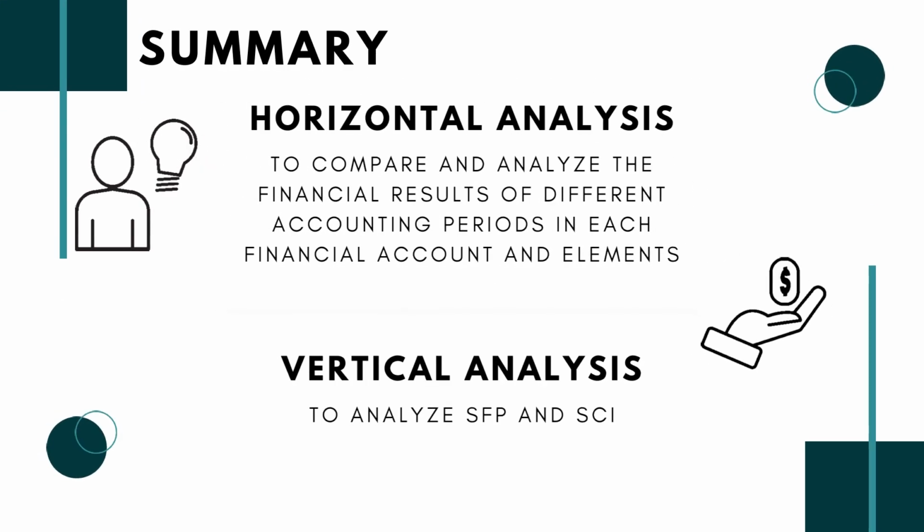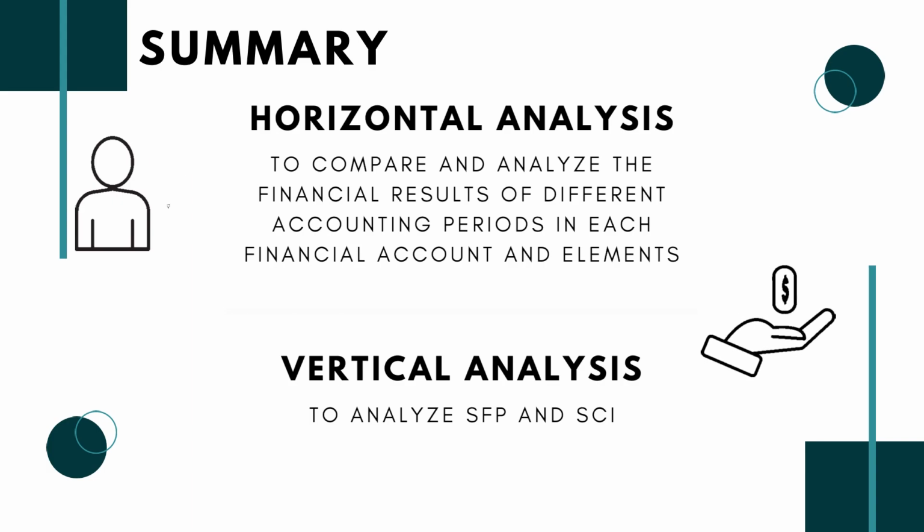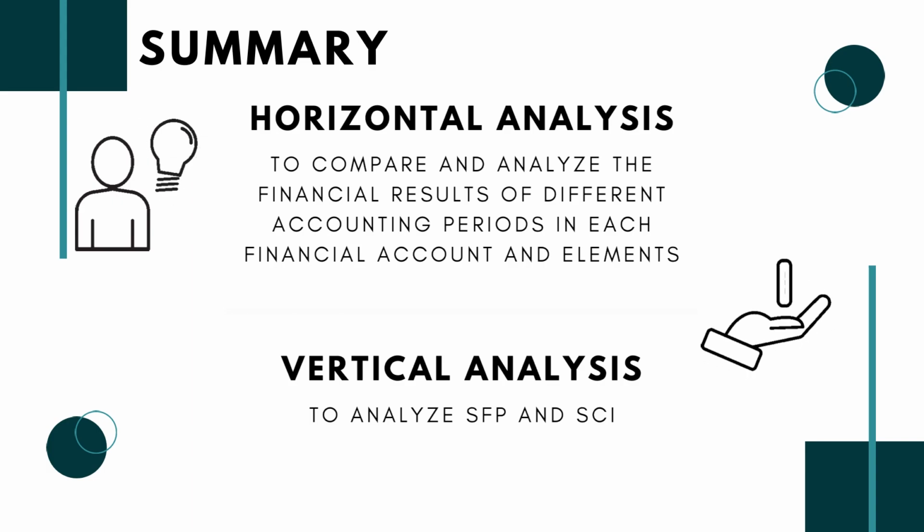Ang purpose o layunin ng horizontal analysis ay para i-compare at i-analyze ang financial results ng different accounting periods in each financial account and elements, habang ang vertical analysis ay ginagamit para ma-analyze ang Statement of Financial Position or SFP at Statement of Comprehensive Income or SCI.